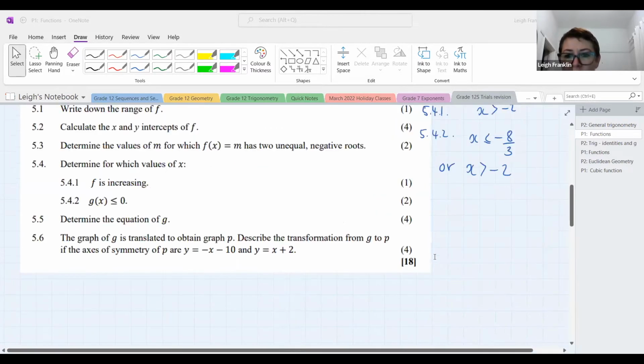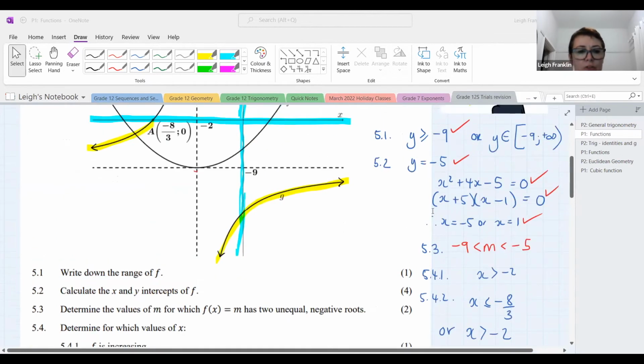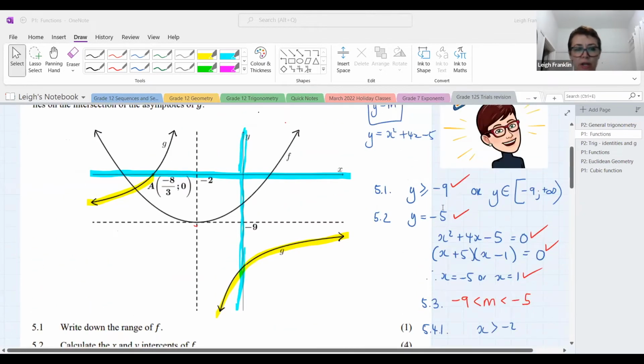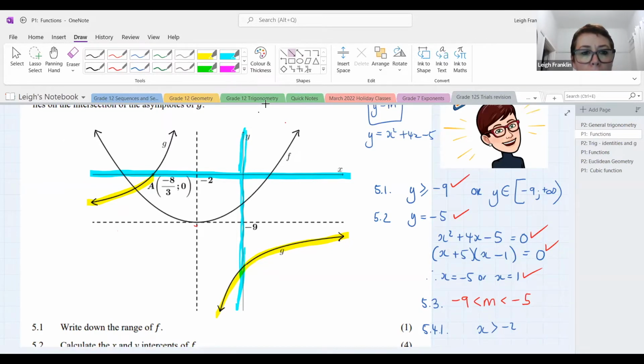Did I write less than? No, where x is greater than -2. So in other words, Cassandra, let me use a vertical line. Let's make it a bright color. So over here, your asymptote.